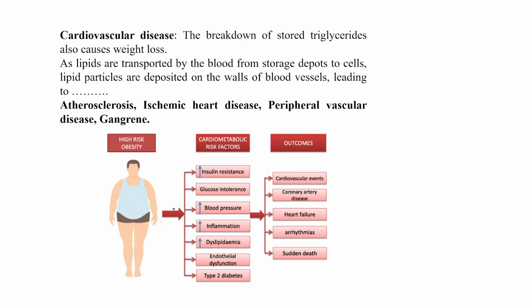Here there is an absolute deficiency of glucose, or very little glucose is supplied throughout the body cells. So in this starving condition, our body cells start to use triglycerides. The breakdown of stored triglycerides also causes weight loss. Lipid is generally transported from the storage depot to various parts of the body, and all this transportation passes through the bloodstream. So what happens during this transportation?